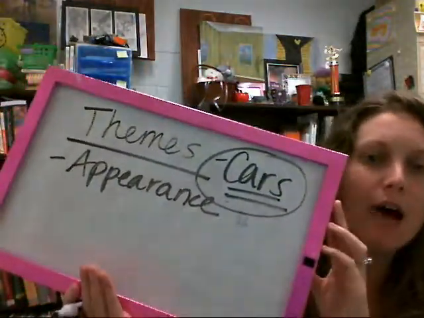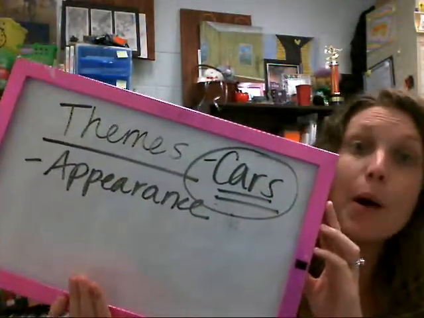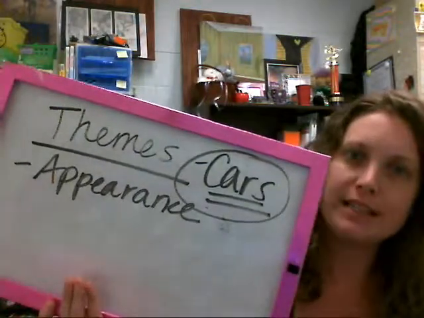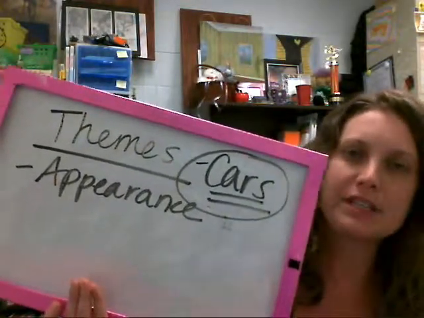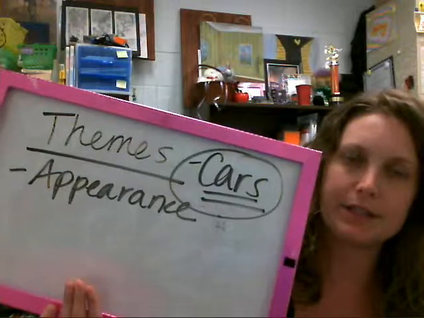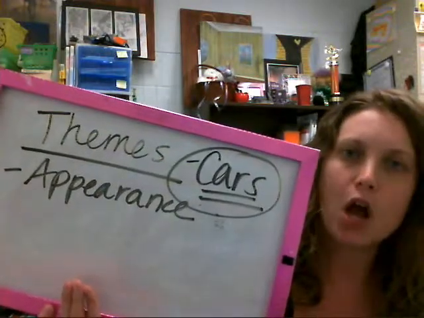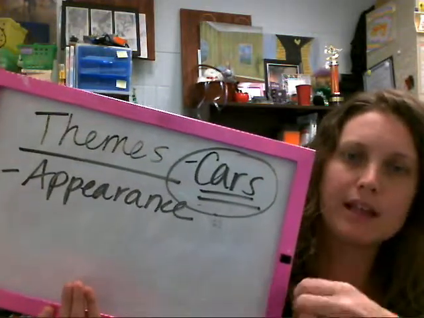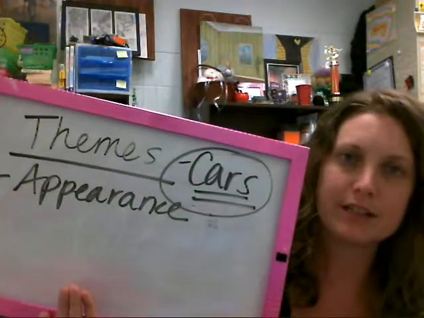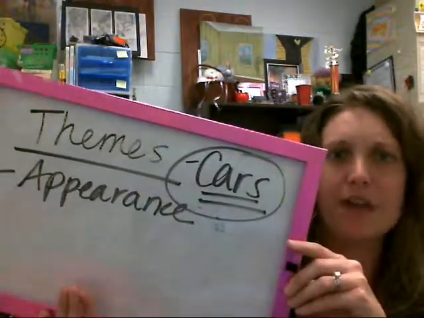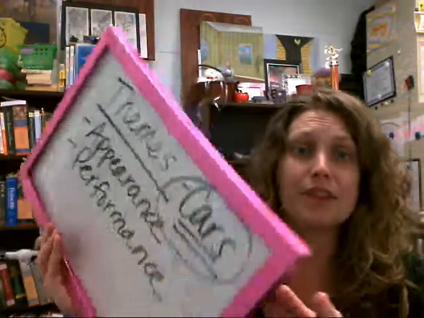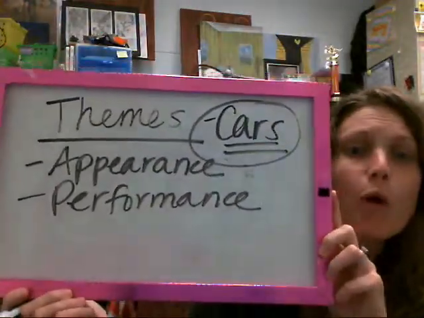You can talk about the car's appearance, the differences in appearance versus the similarities in appearance. How does the car look? Colors, models, makes, gadgets, size, stuff like that. Another theme dealing with the subject of cars, performance.